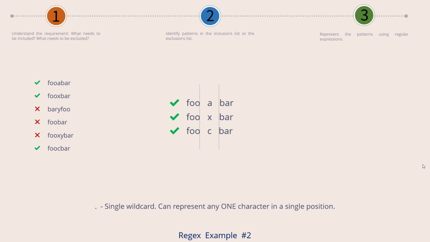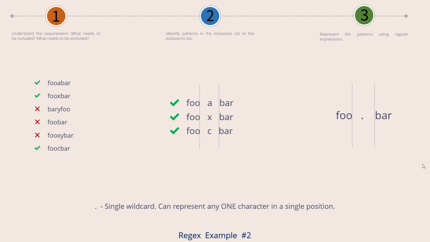So in regex language, a period is a wildcard that represents exactly 1 character in a single position. It will match any character in 1 position. Let's make use of this new regex symbol and use it in our final step.